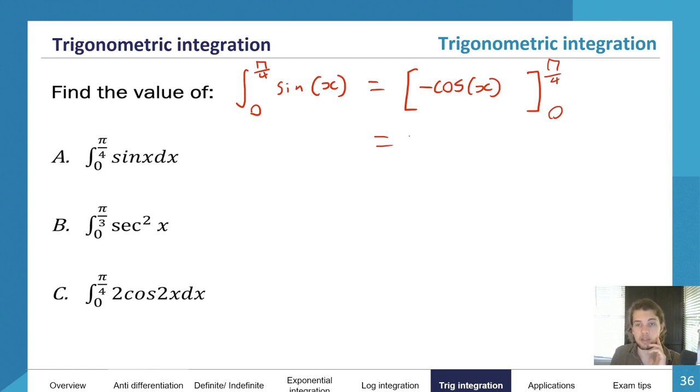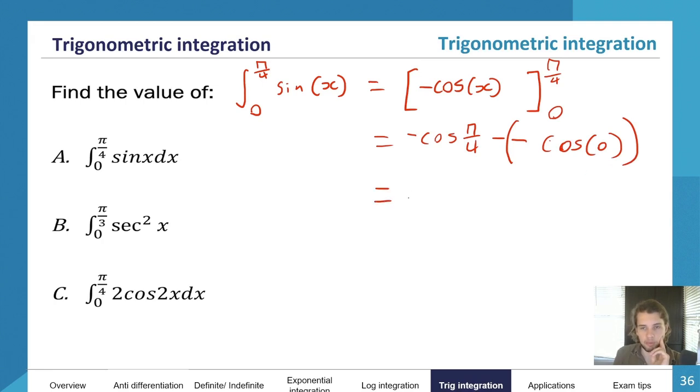So we can say this is equal to negative cos pi on 4 minus, because remember we always put a minus, brackets out the front, when we're substituting in the 0, cos 0. So that would be equal to negative cos pi on 4.